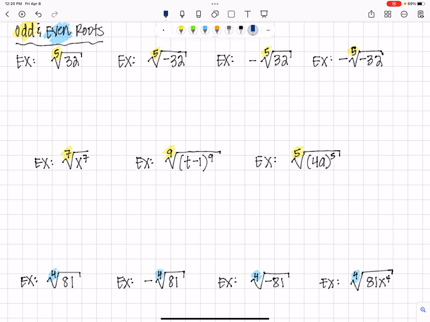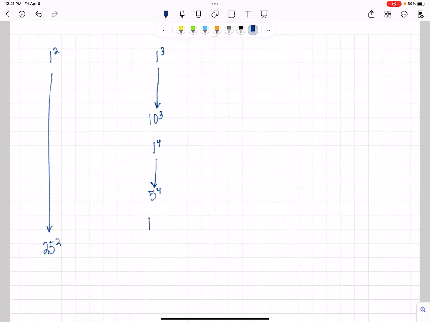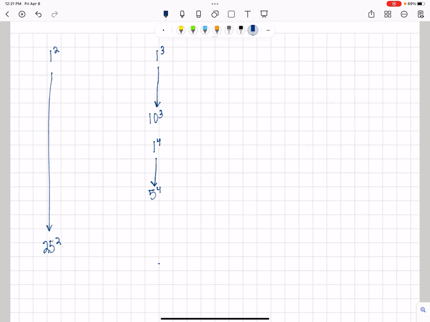Now remember, the more you know of your roots from the exponent quiz, the better. The exponent quiz has 1 squared through 25 squared. That's going to help you with your square roots. 1 cubed through 10 cubed. 1 to the fourth through 5 to the fourth, and then 1 to the fifth through 4 to the fifth. So let's look at those fifth roots right here. 1 to the fifth is 1.